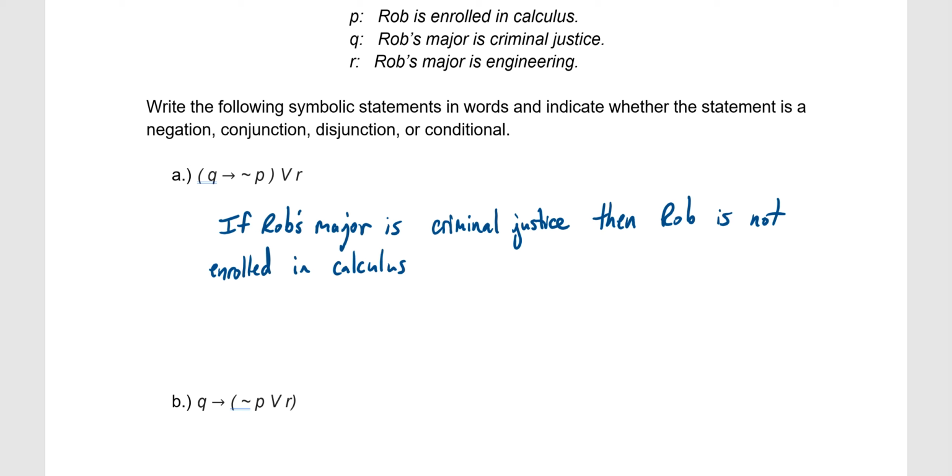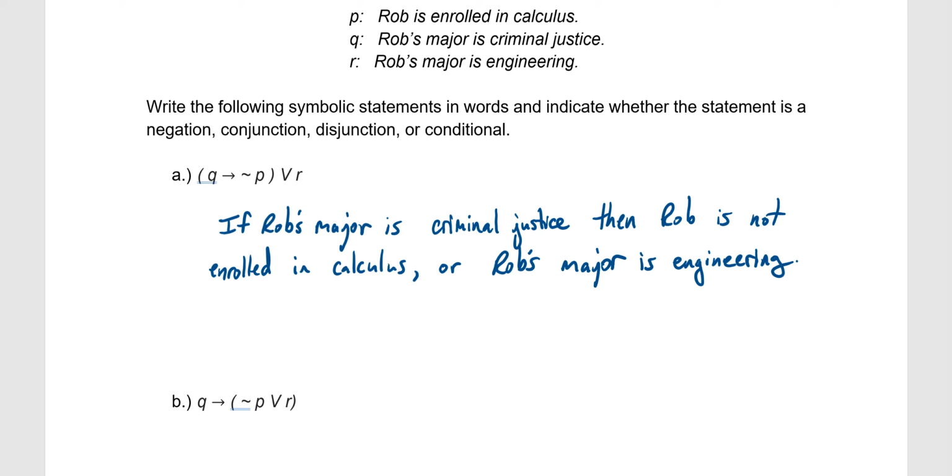So now we have to throw in a comma after this. So remember, we throw in the comma because that was in parentheses. And now we finish it up with this disjunction. We have or statement R. So that means or Rob's major is engineering. Okay, so that's the total statement here.